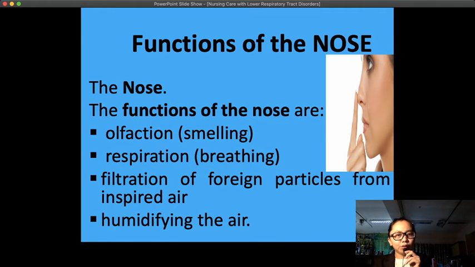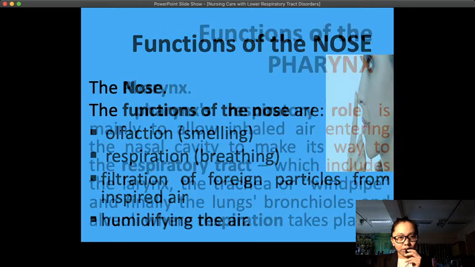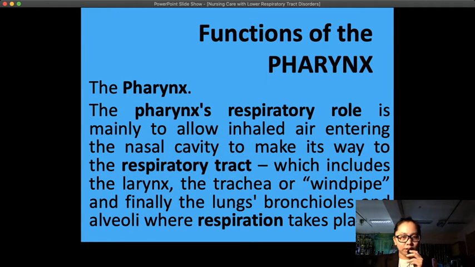Okay? So the functions of the nose are olfaction or smelling, respiration, breathing, filtration of foreign particles from inspired air, and humidifying the air. Okay? So the pharynx function, the pharynx respiratory role is mainly to allow inhaled air entering the nasal cavity to make its way to the respiratory tract, which includes the larynx, the trachea or windpipe, and finally the lungs, bronchioles, and alveoli where respiration takes place.